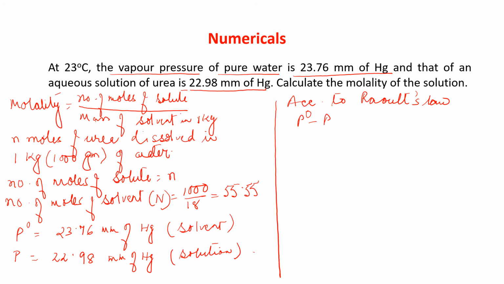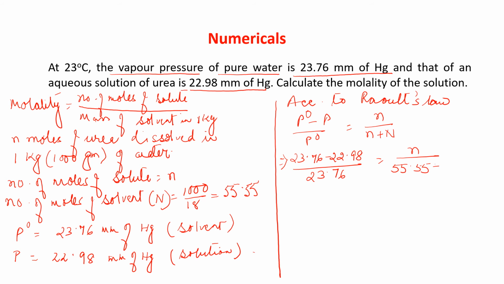So according to Raoult's law, the formula is P naught minus P by P naught is equal to N by N plus capital N. So from here I can write 23.76 minus 22.98 divided by 23.76 is equal to n by 55.55 plus small n.